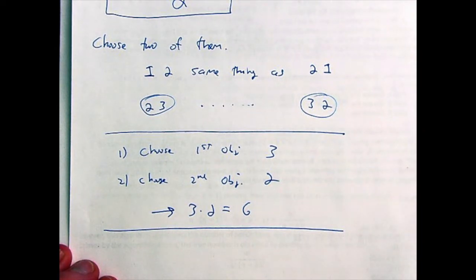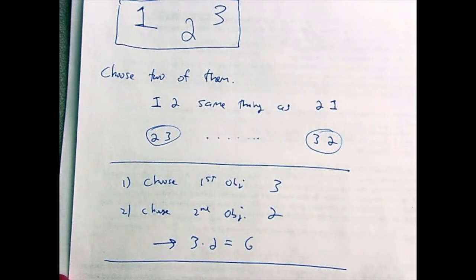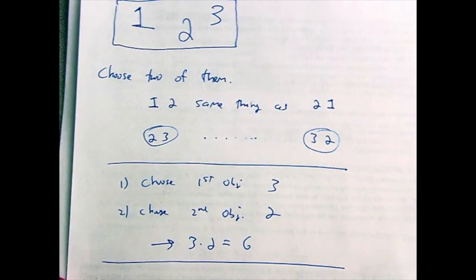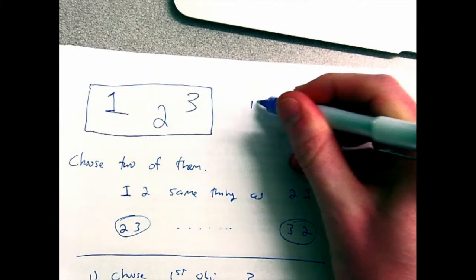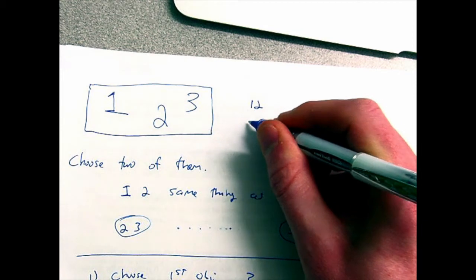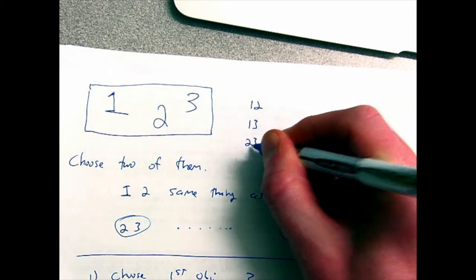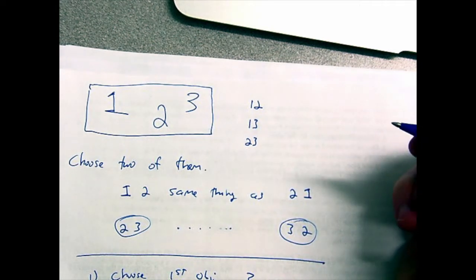This example is small enough that we can actually write down all the possibilities manually. So how many possibilities are there actually? Well, let's see. I could do 1 and 2, I could do 1 and 3, or I could do 2 and 3. And if you think about it, that's it.